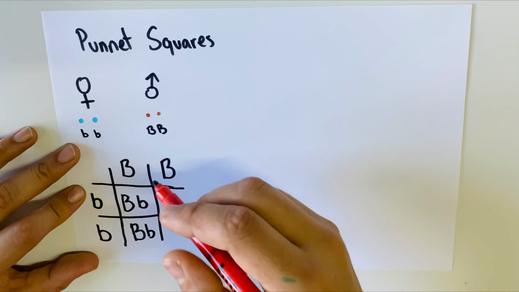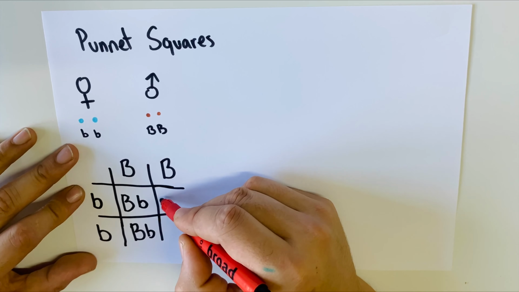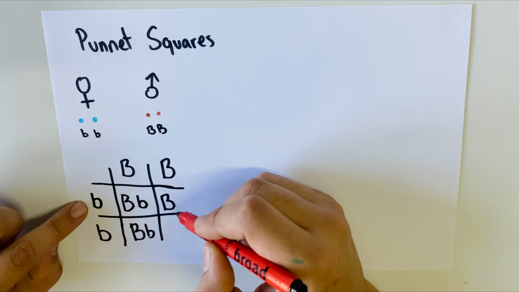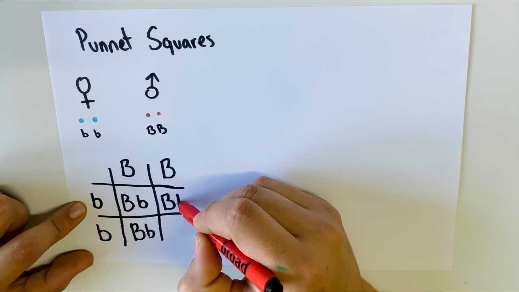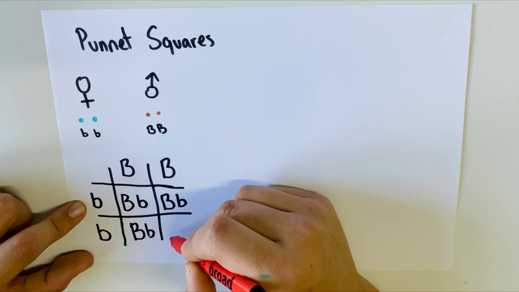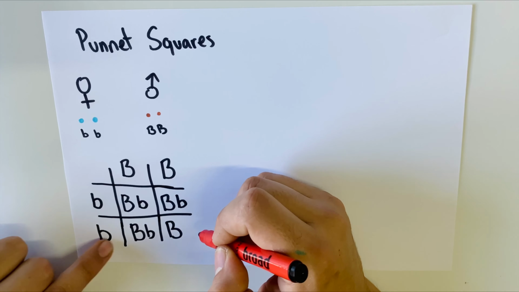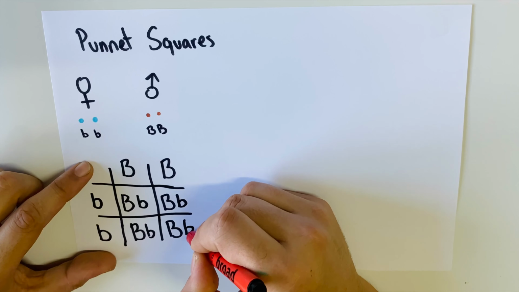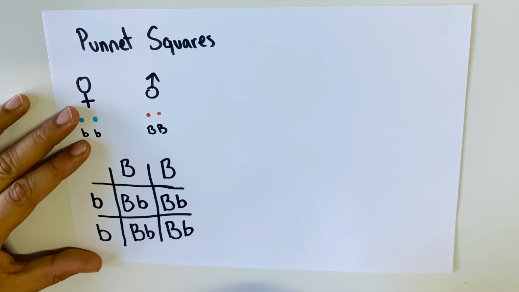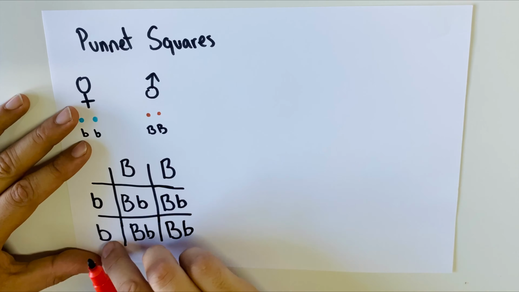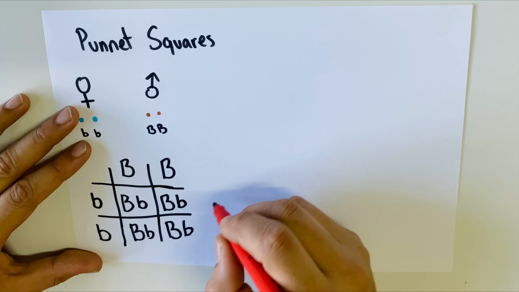Same here, comes down, big B, comes across, little b, and then comes down again, capital B, and comes across here, little b.